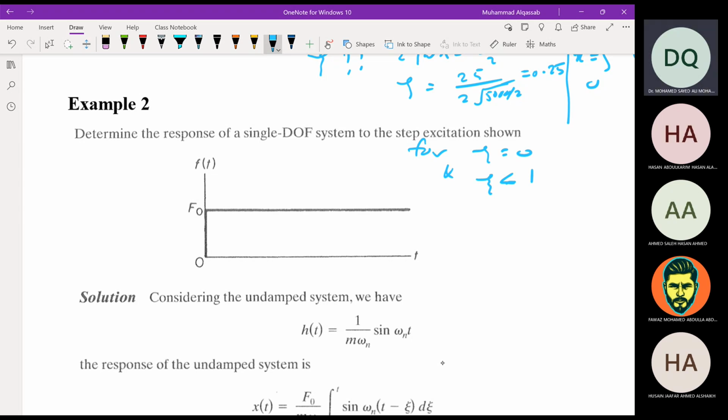The same thing if this is y. If you have a step and imagine that the car is driving over this road, then it will have a step. Let me just make the step smaller.